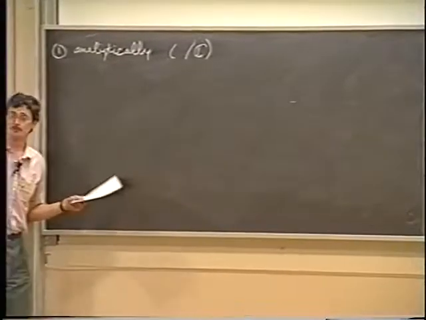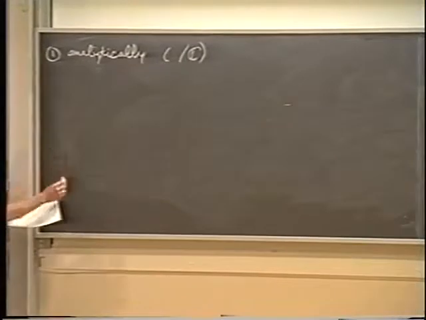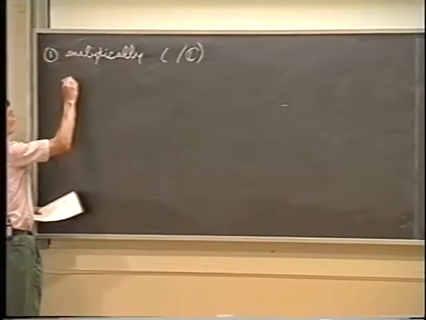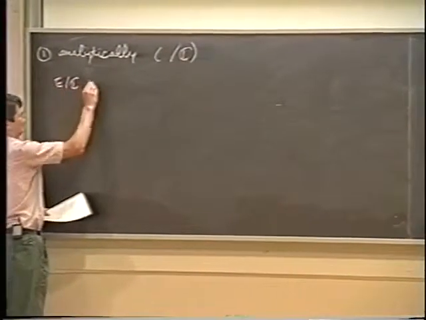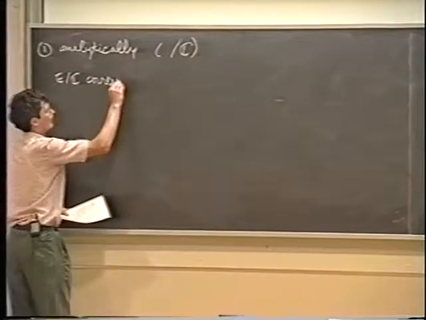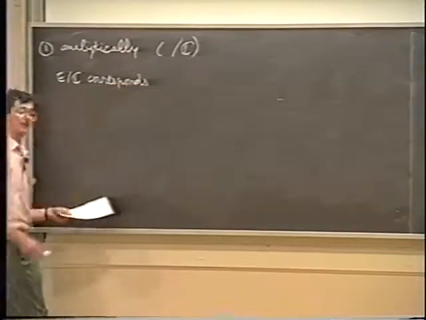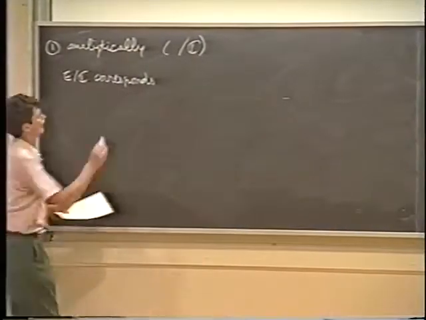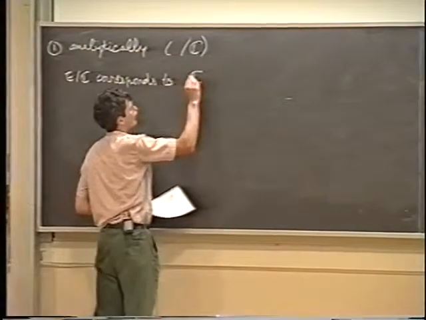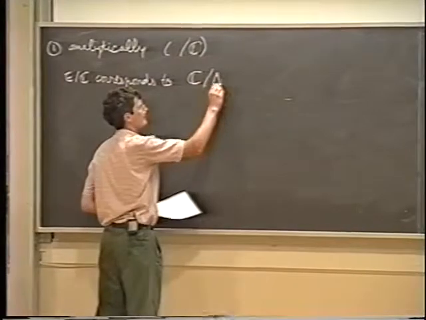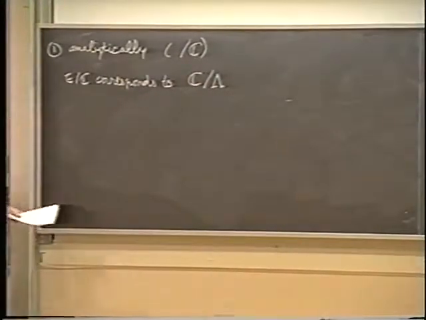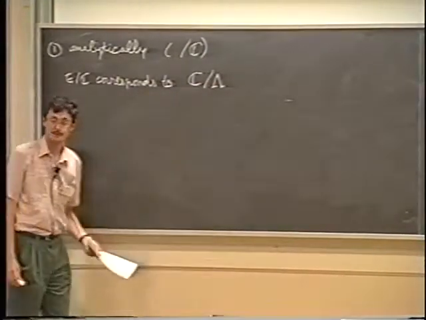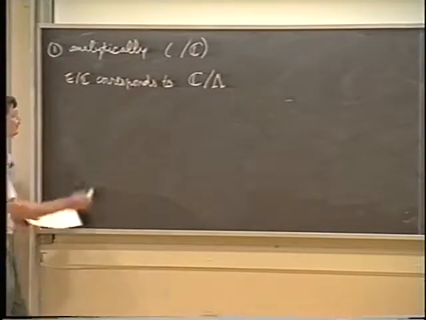We've seen in Joe Silverman's lecture that over C, an elliptic curve corresponds to a complex torus, a complex one-dimensional Lie group, to C modulo a lattice. And when are two of these C modulo a lattice isomorphic?